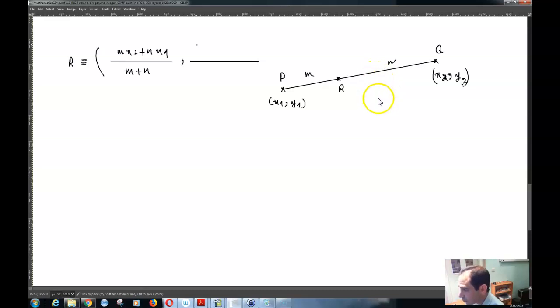So this line DE can intersect the line AC only at the point E, and that proves that this line is parallel to this line, which is what you want to prove here. So that's the whole story here.